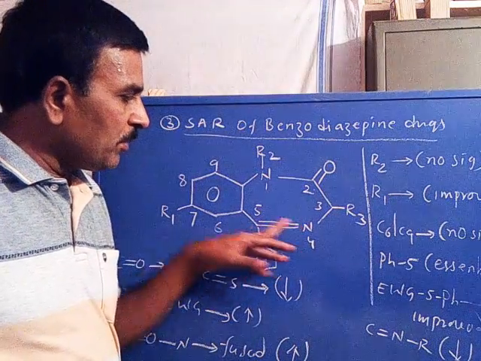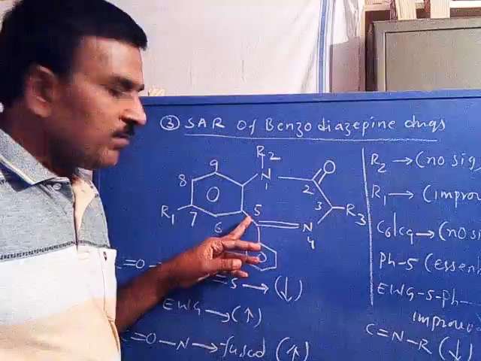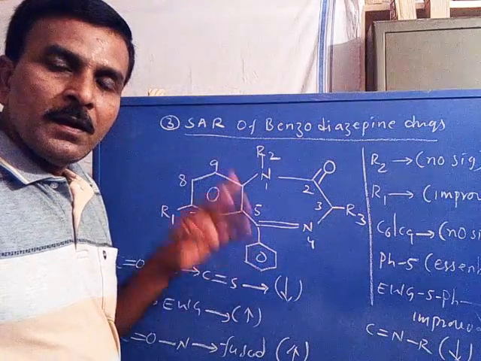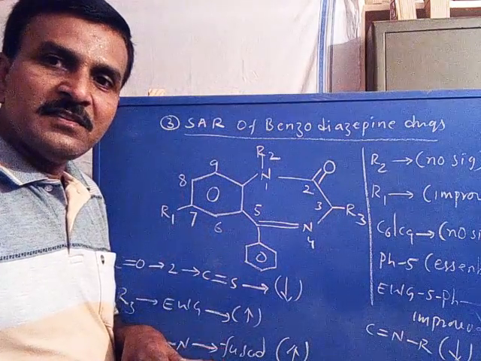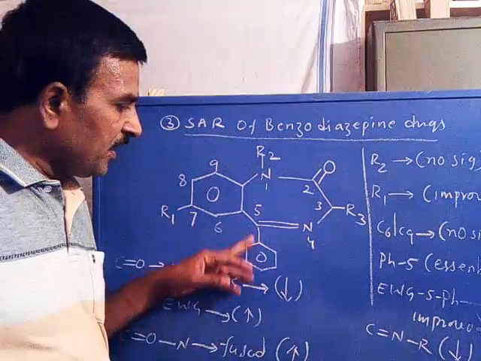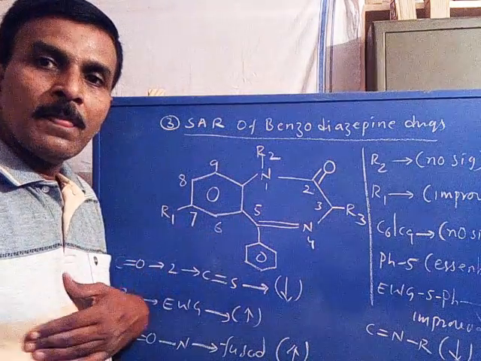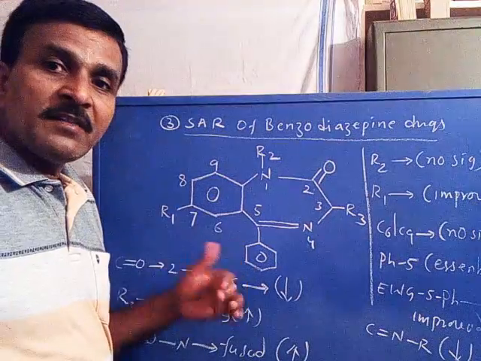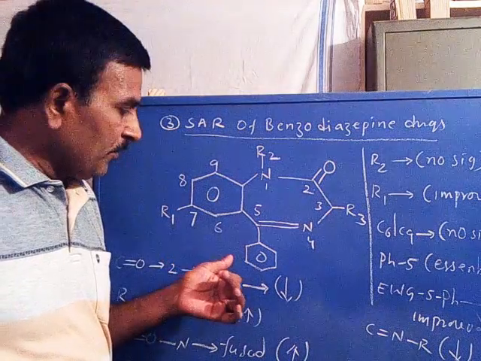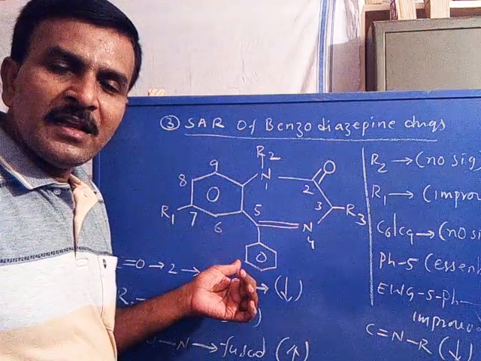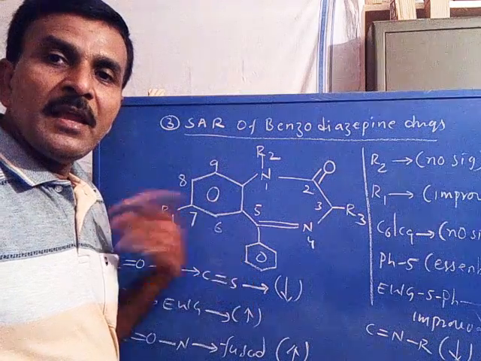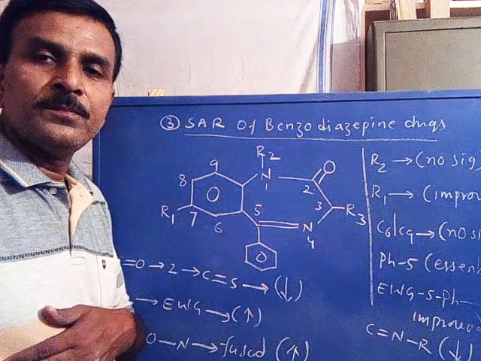Reduction of C double bond N between C4 C5 carbon decreases its activity, it is essential. Presence of phenyl ring on fifth carbon is also essential for its activity. Further, its activity will be improved when the hydrogen of phenyl ring is substituted by any electron withdrawing group.